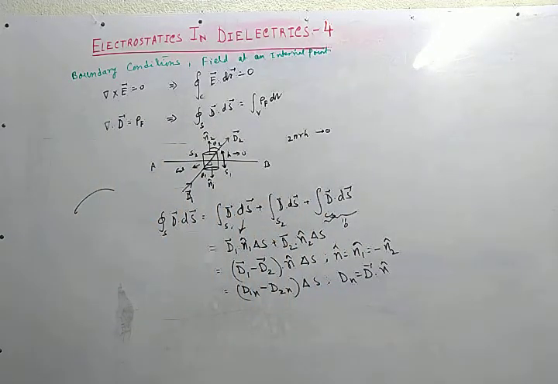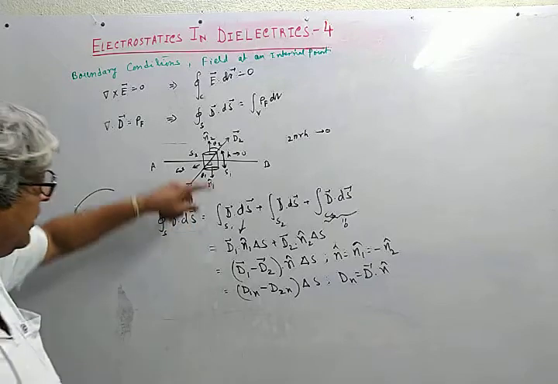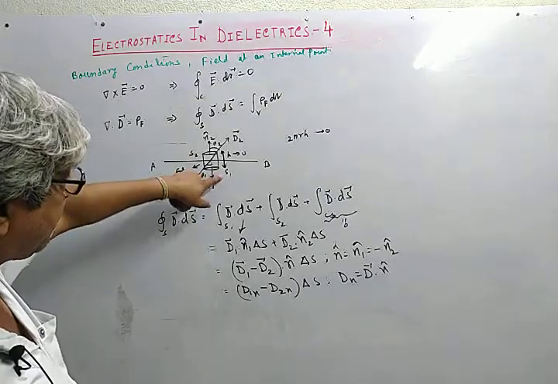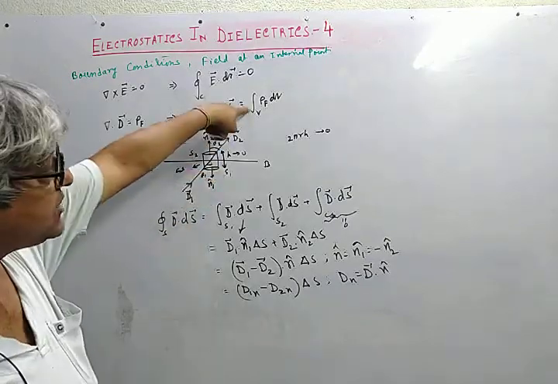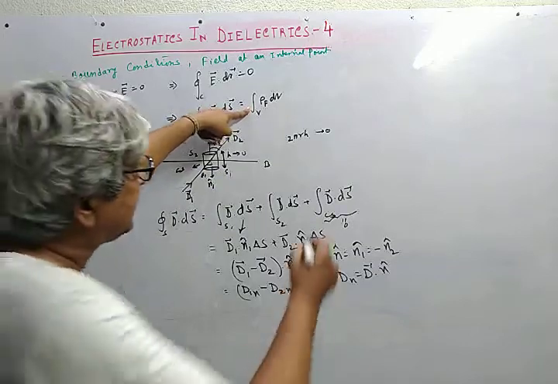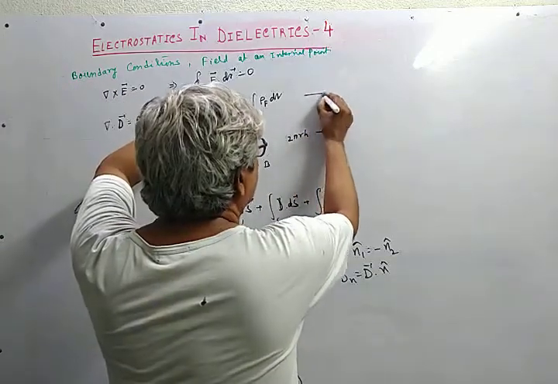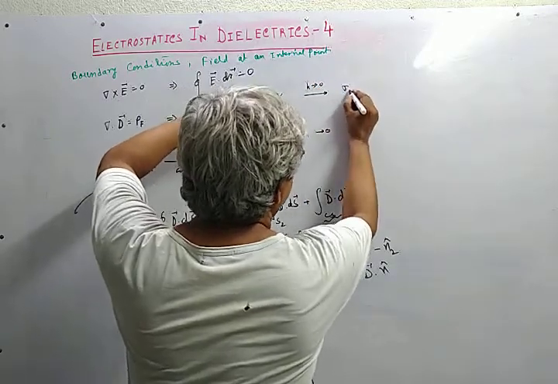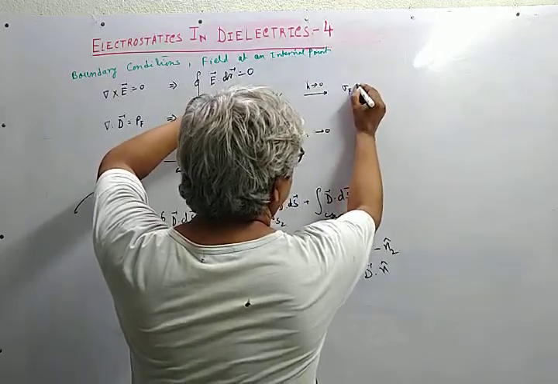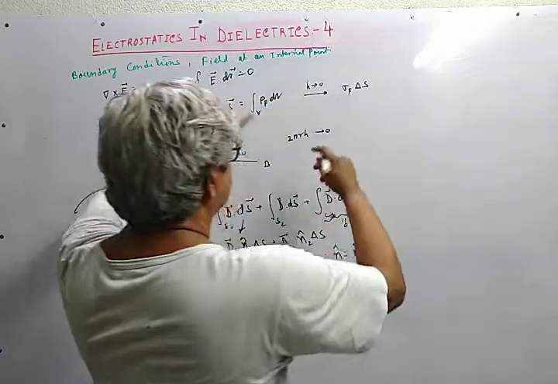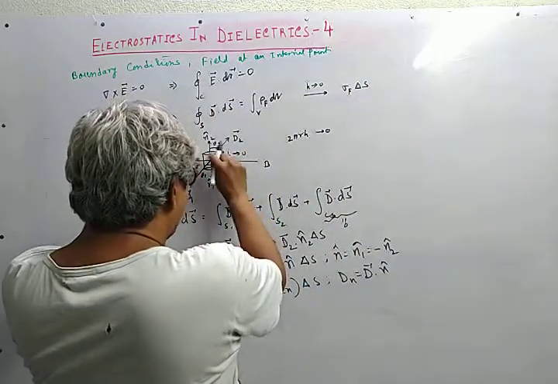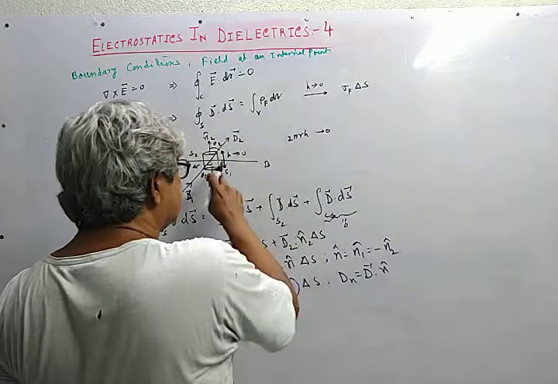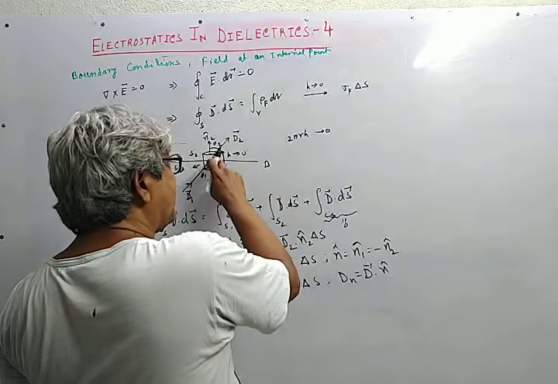Now come to the right hand side. When h tends to 0, the volume element basically goes to the surface element. In the limit h tends to 0, this is the surface density of free charge times delta S. So this becomes simply a thin layer, where sigma is the charge per unit area.